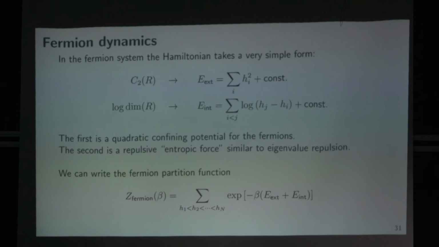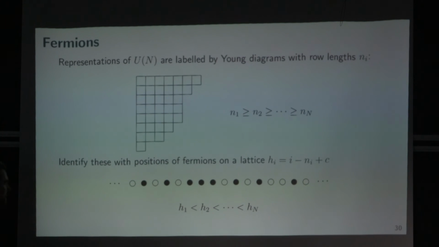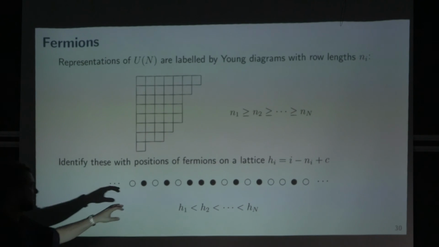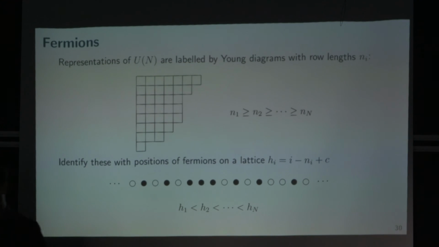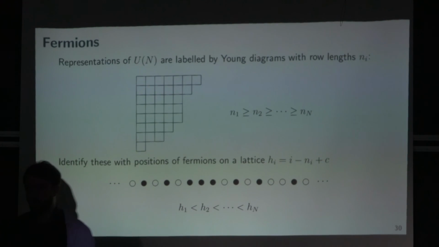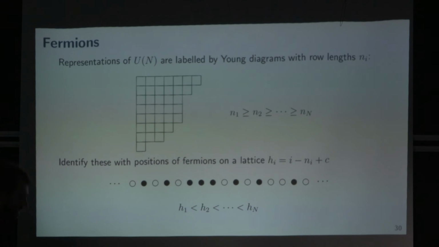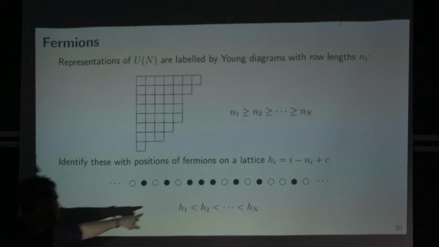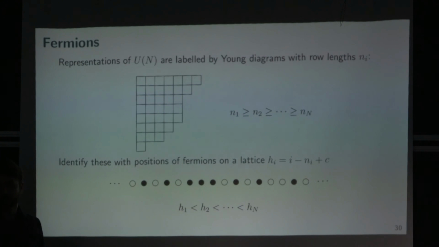So what was the h in the previous slide? h1, h2. That's right. These are the locations of the fermions. They are related to the row lengths of the Young tableau by this formula. Because n_i could be the same, the fact that these h_i are different is precisely why they're fermions.